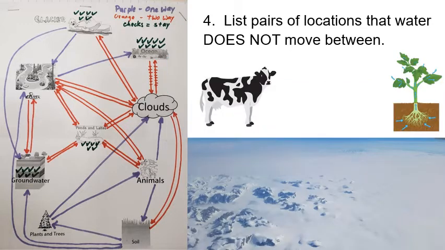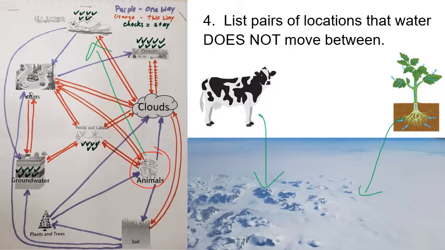Some other pairs: plants and animals. You'll notice we've got an animal over here, and there is no way for water to go from animals to glaciers. There is no line that connects those two. And that kind of makes sense. There aren't any animals that live here on the glacier. It's covered in ice. The same is true of plants.